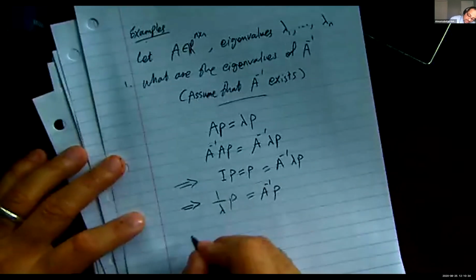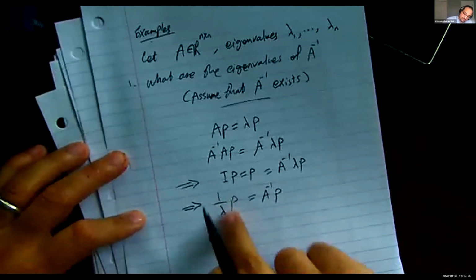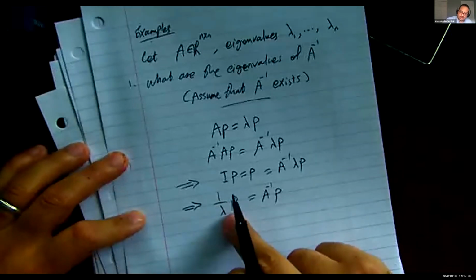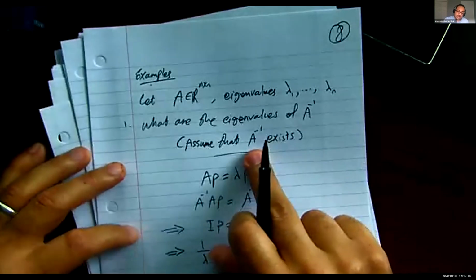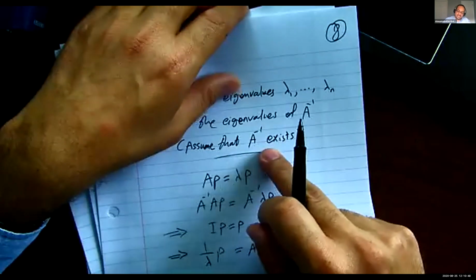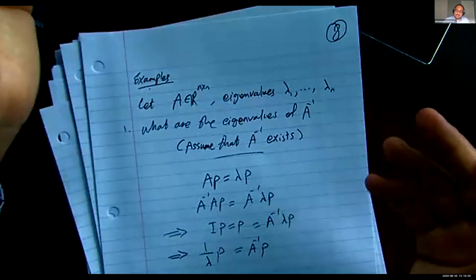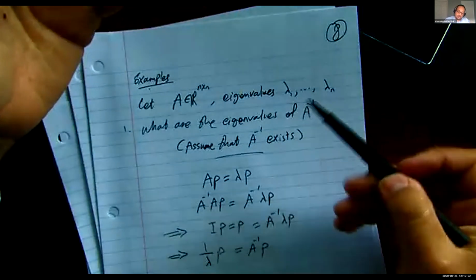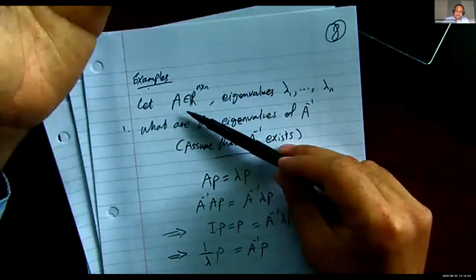first of all, let me write this. Of course, whenever we divide by something, we have to make sure that that something is not equal to 0. And this is exactly the case, because if we assume that A inverse exists, this implies that the eigenvalues of the matrix A are not 0.